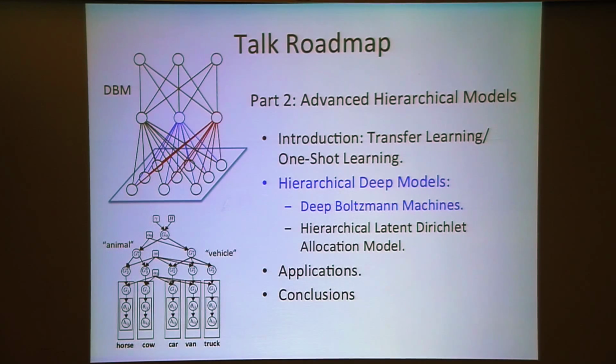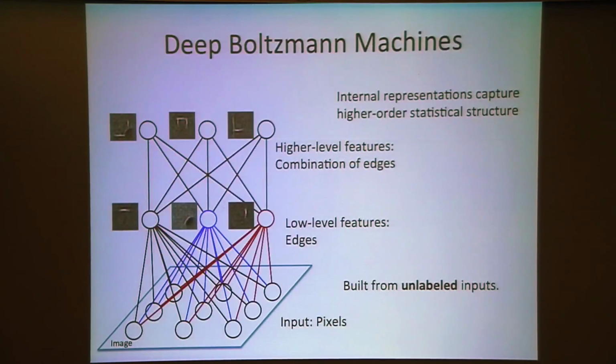And so let's just revisit the deep Boltzmann machines as a reminder, and then we can see how we can put these two models together. So deep Boltzmann machines, just as a reminder, you're building it from unlabeled inputs. You're learning this hierarchical representation, and hopefully the high-level features will start capturing high-level structure that you're seeing in the images.